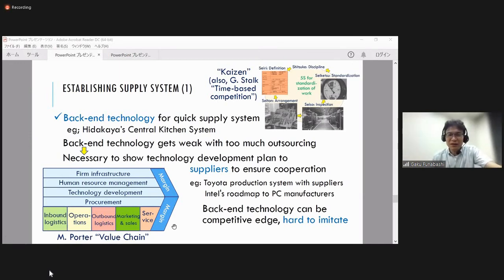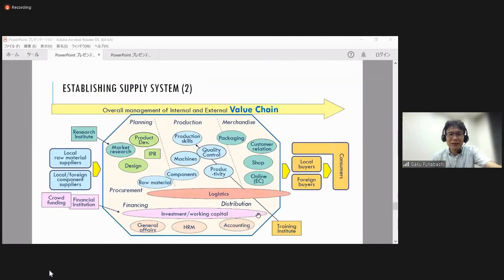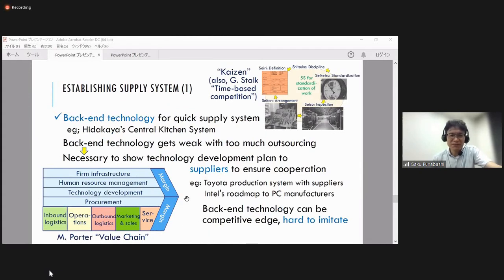And that is Michael Porter's value chain. This is exactly the diagram which is shown in his book, but it's very simple, not complicated.